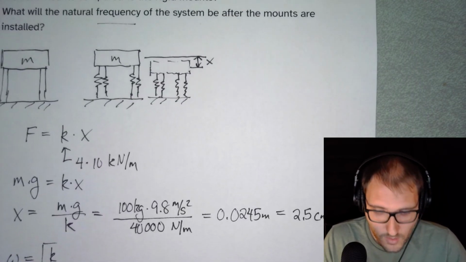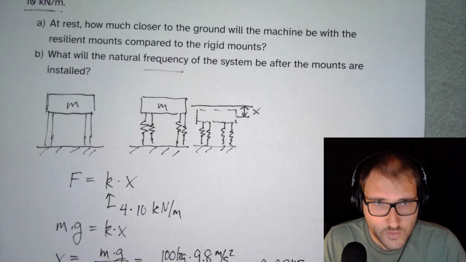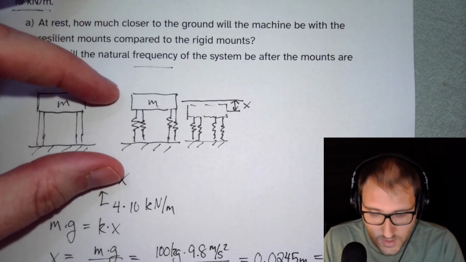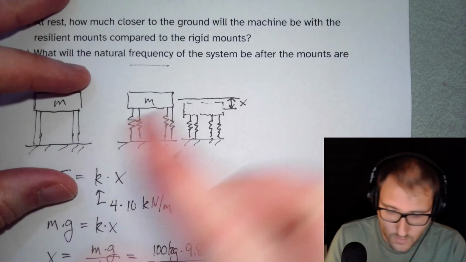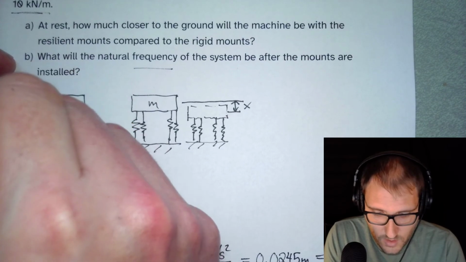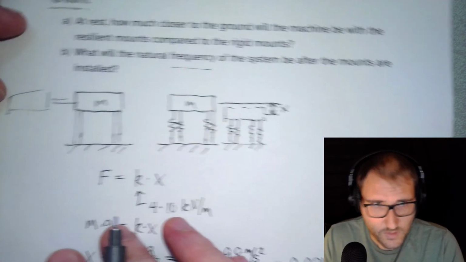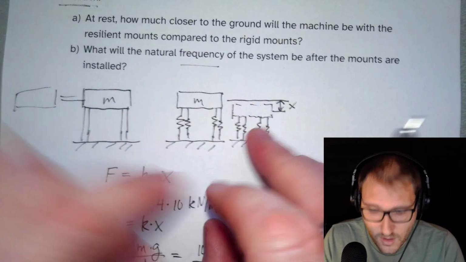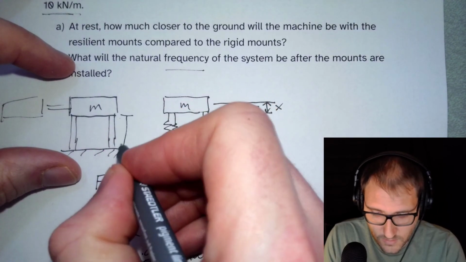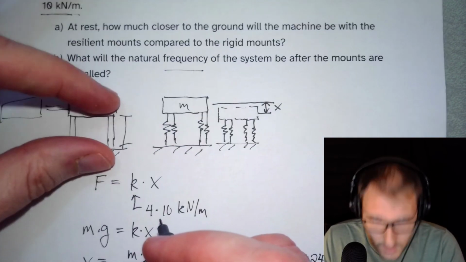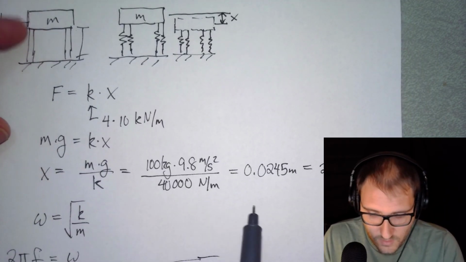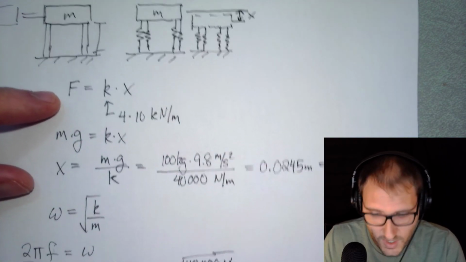And then the important thing, just in practice, when you're installing resilient mounts, it will make the thing sag down a bit. So you either need to be okay with that, or if you originally need this to be lined up with something, maybe there's another machine that they're connected with a shaft or something like that, you need to account for that and get mounts that are bigger than this height. And then when you install them, they compress, and you do the math to get it back to where it's supposed to be. And that's fairly simple if you just remember this F equals KX relationship.